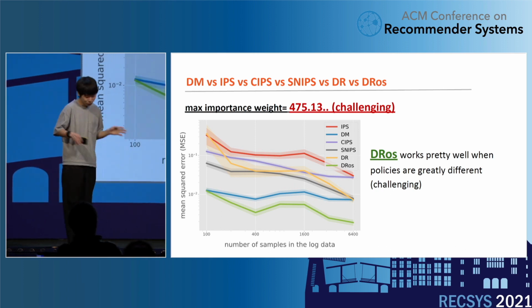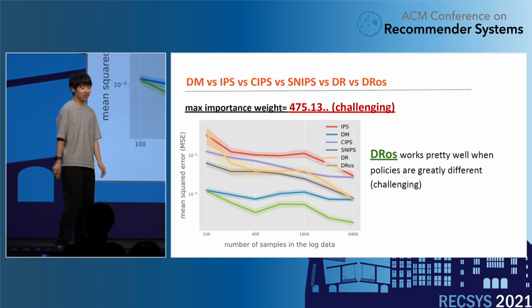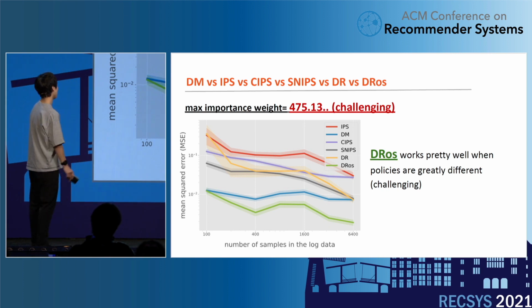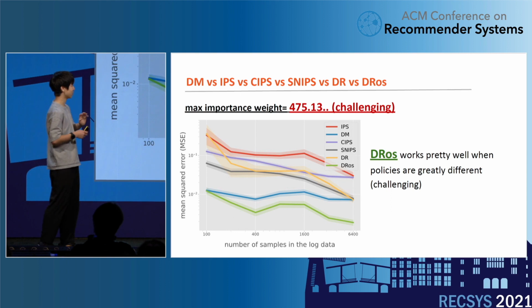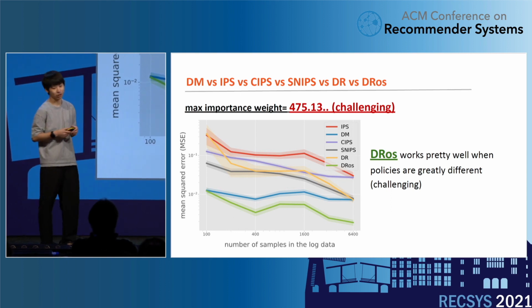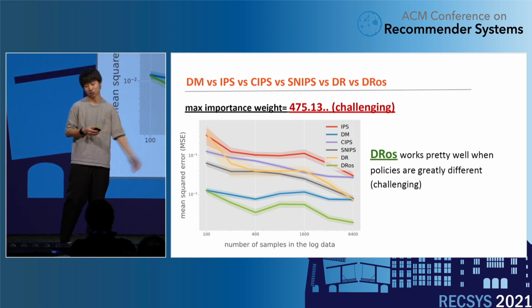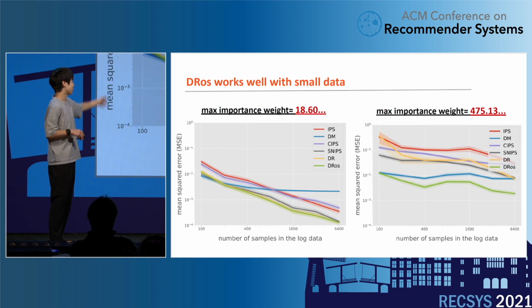Even when the evaluation and logging policies are greatly different, which is literally the challenging setting for all the OffPolicy estimators. This is the main motivation of the recent advances, and the most recent estimator, the shrinkage estimator, is doing pretty well in the challenging setting. That's the recent advances in the standard OffPolicy evaluation. So let me now again compare the two results.